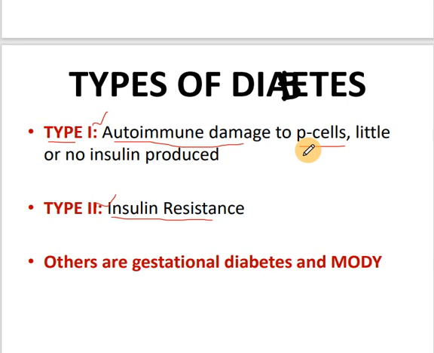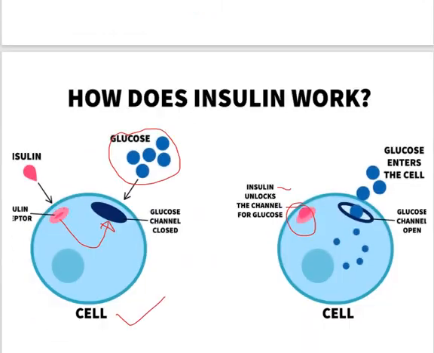That means there is going to be no signaling of the receptors to open the channel. Hence, glucose will still accumulate in the blood.